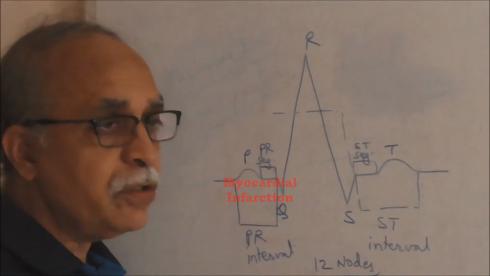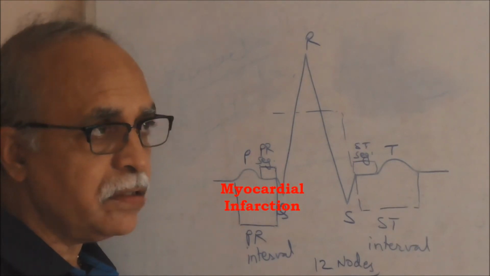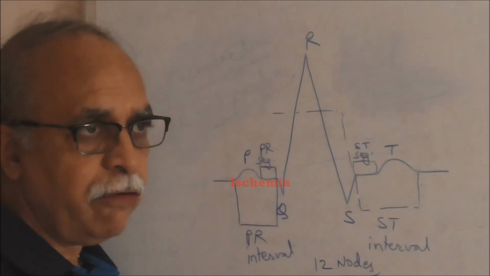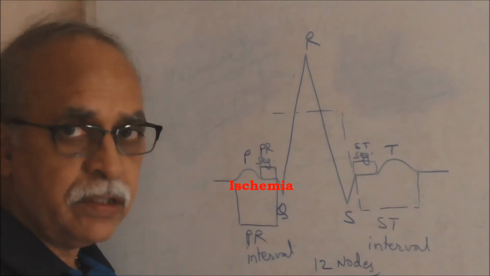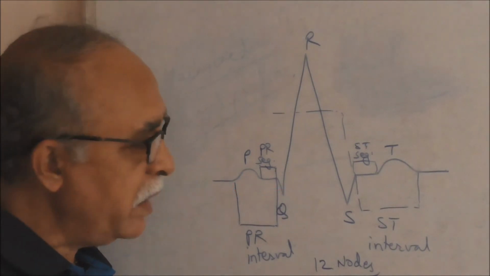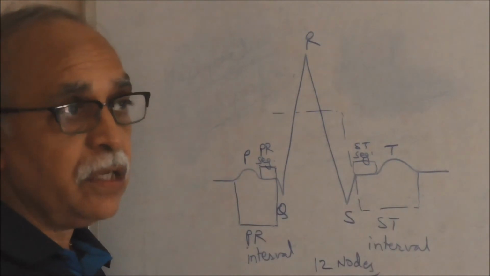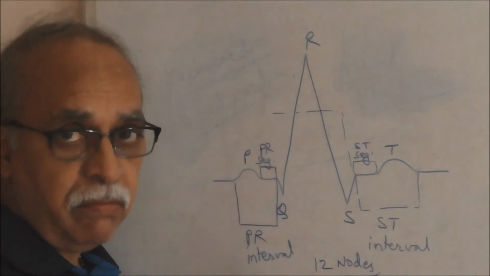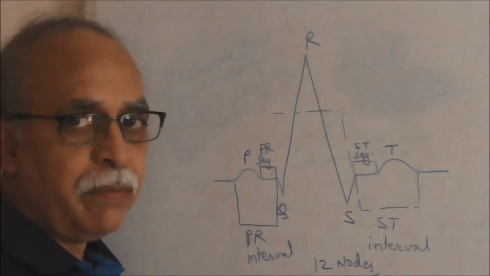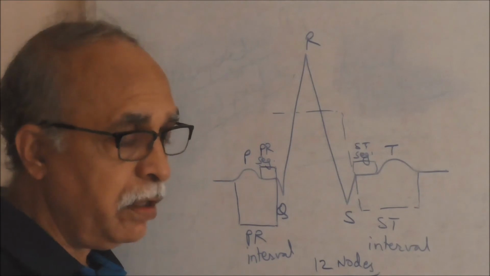This can at times result in myocardial infarction. It is actually called ischemia. Ischemia is inadequate supply of blood through the arteries. That can result in myocardial infarction, and that can be detected with the electrocardiogram. Even the past history of MI, myocardial infarction, commonly called heart attack, can be detected by reading an electrocardiogram.